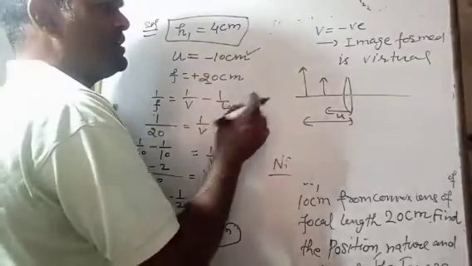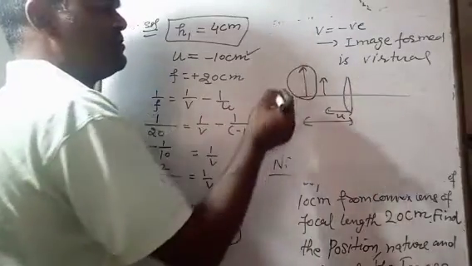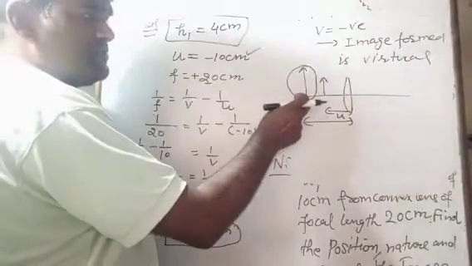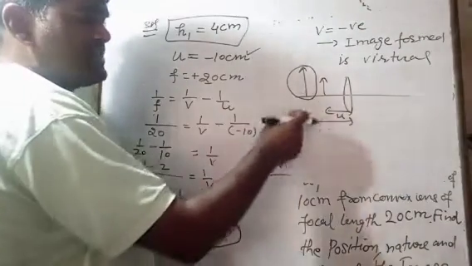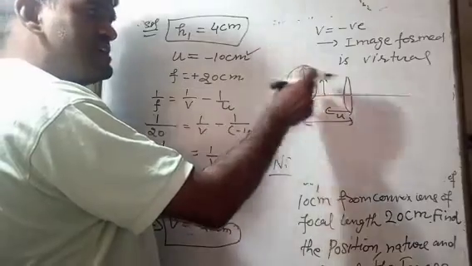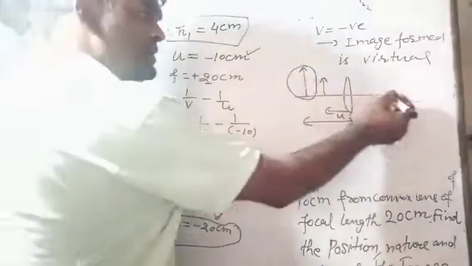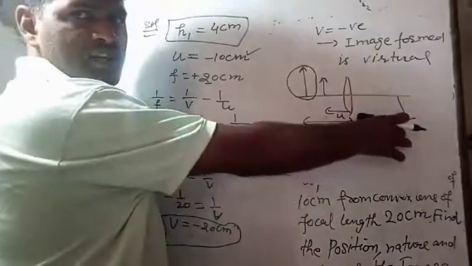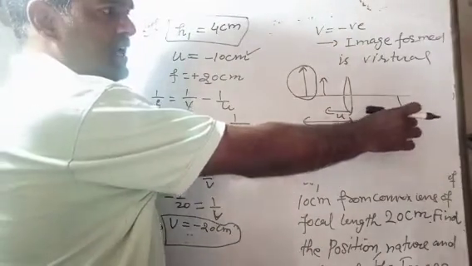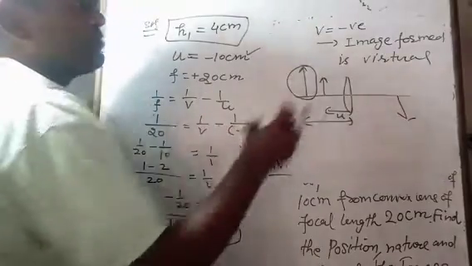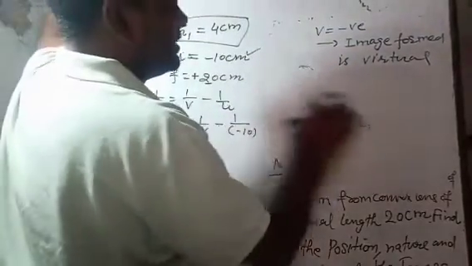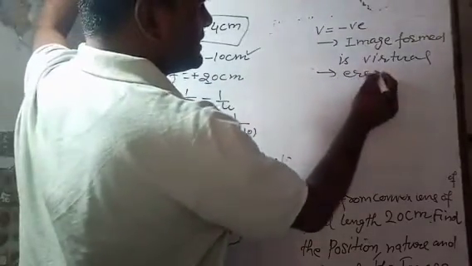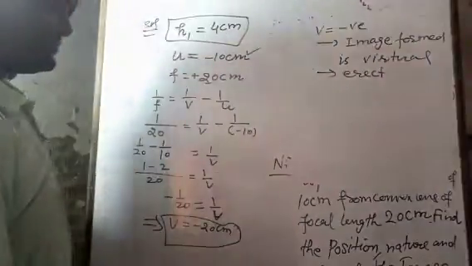Okay, my dear student, we can't say till now whether it will be an enlarged image or not. We shall calculate it. But if we talk about nature of image, V is negative, which suggests that it is virtual image. If it was on that side, then it is a real image, and inverted. So now we have calculated that V negative suggests that image formed is virtual and erect.